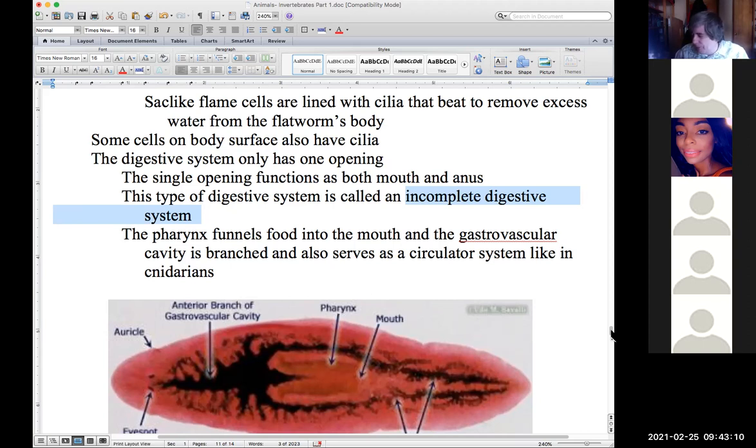In people, this is what comes out our anus as the feces. But if you only have one opening to your digestive system, you have to stop eating every once in a while, because if you're a planaria, you have to eliminate some waste through the mouth at the end of the pharynx. So you can't eat constantly. Now, it might seem silly to say that's a disadvantage, but considering the fact that for many animals, starvation is a constant problem, that is very bad news.